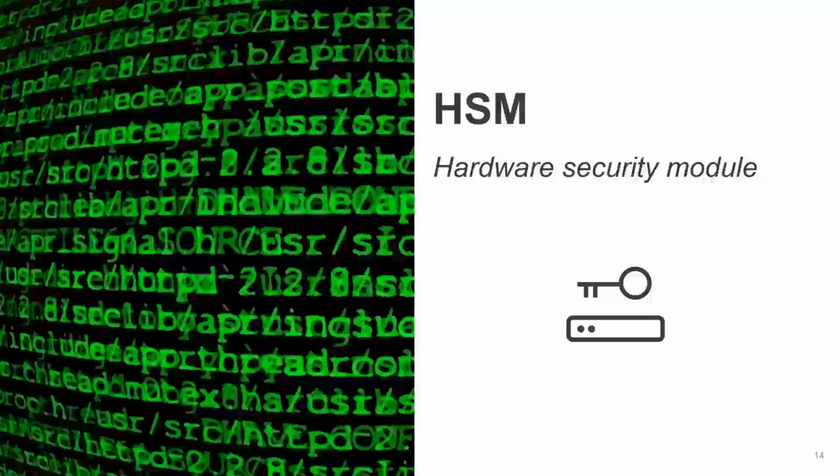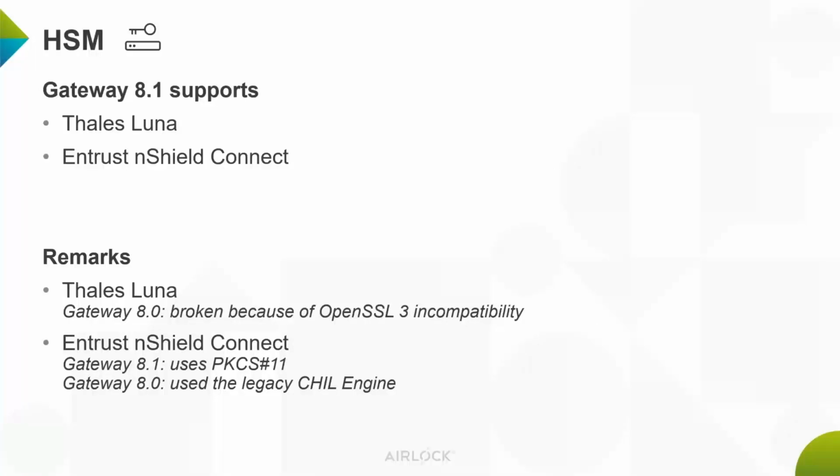Another major improvement is the hardware security module, where you can store private keys on a hardware device in a secure way. With Airlock Gateway 8.1, we do support Thales Luna and Entrust nShield Connect.